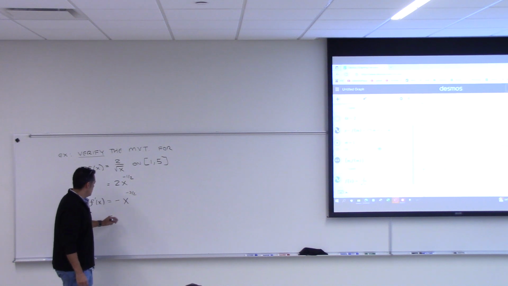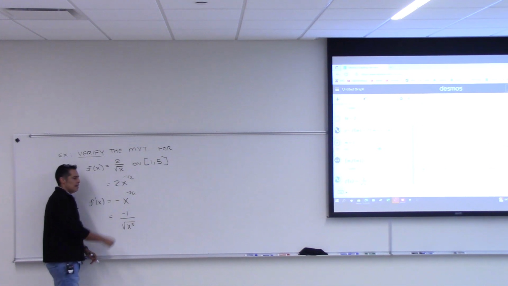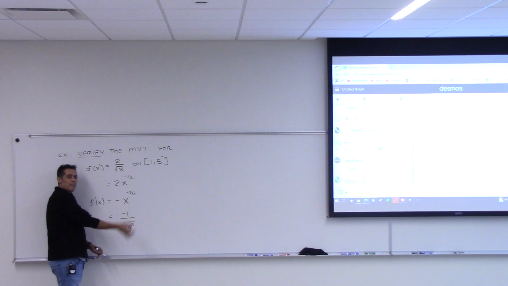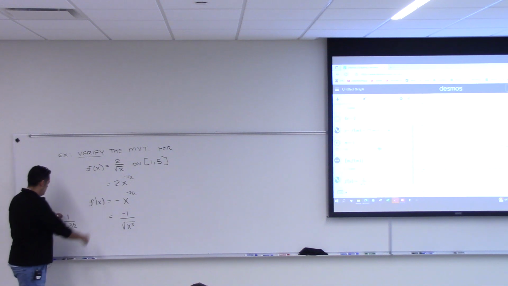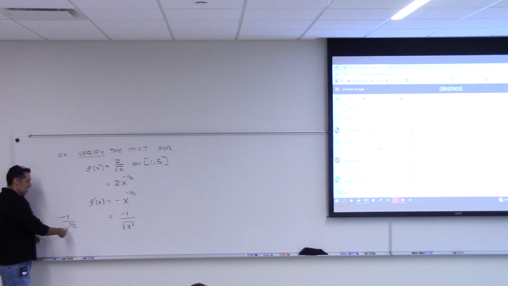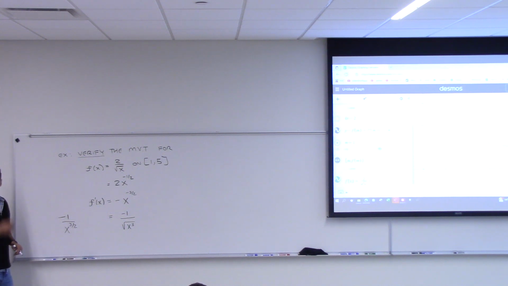Which we could look at as negative 1 over the square root of x cubed. Right, so x to the negative 3/2, you drop it to the bottom as x to the positive 3/2. We still have a negative there, so it'd be negative on top, and then I converted that into this. All right, so that's my derivative.